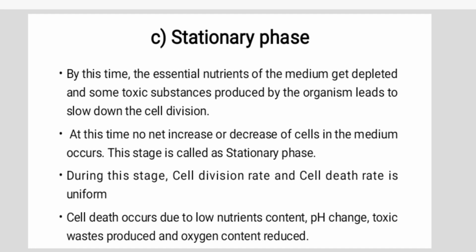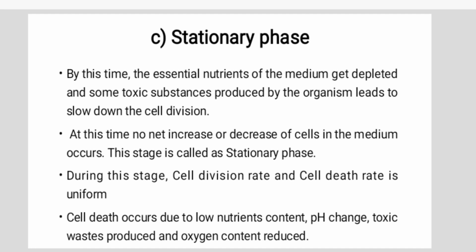But in the stationary phase, the essential nutrients are depleted and toxic substances are produced by the organism, which slows down cell division. At this time, there is no net increase or decrease of cells in the medium.